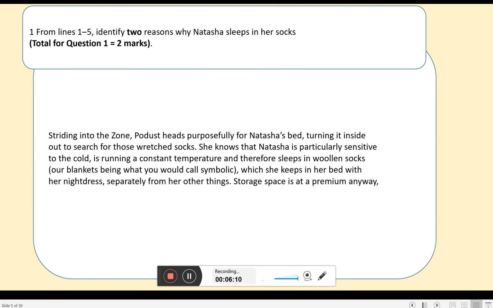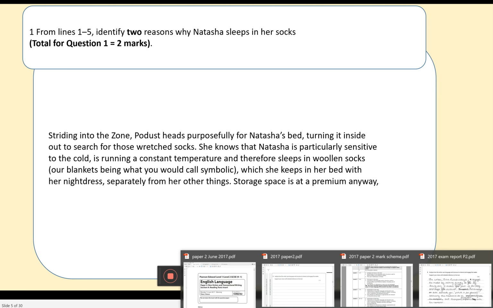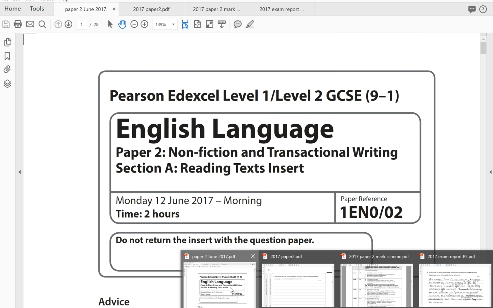Okay, so let's quickly show how to answer question 1. From lines 1 to 5, identify 2 reasons why Natasha sleeps in her socks. Okay, so you just mark out 1 to 5 on your text. So I'll just show you quickly what that would look like.